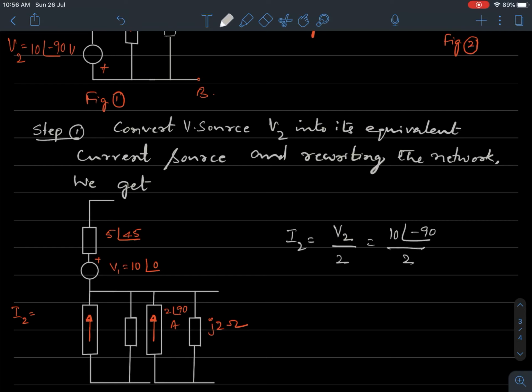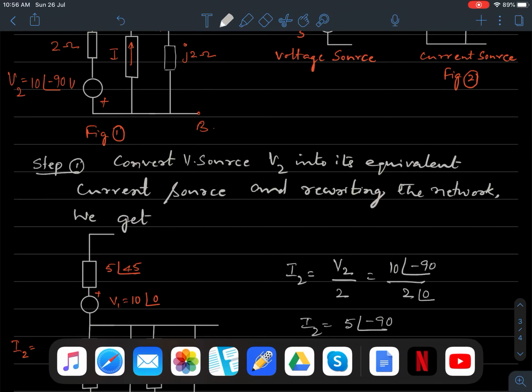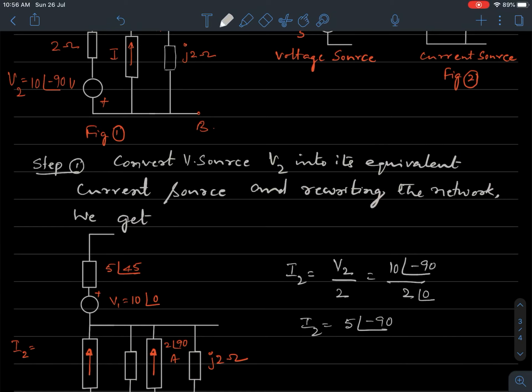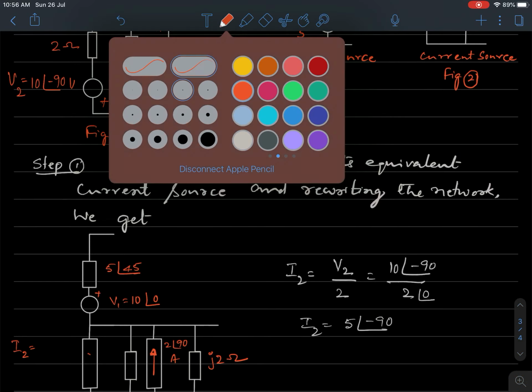So this is 10 at an angle minus 90 divided by 2. It's a very simple computation. 2 can also be treated as 2 at an angle 0. With calculator or without calculator, you can easily do it.